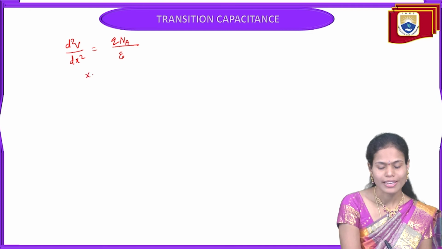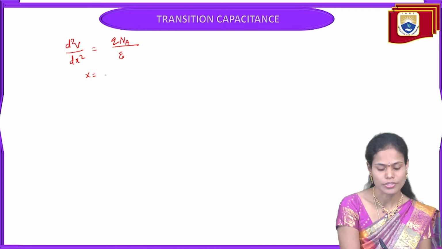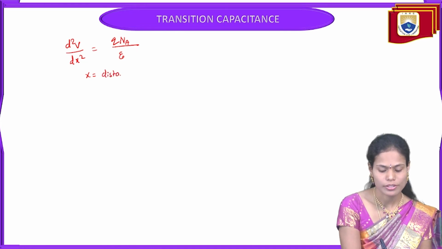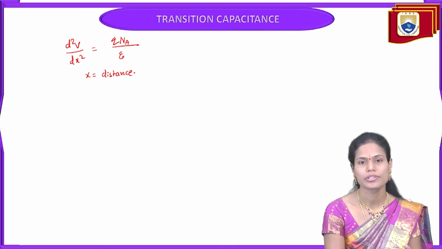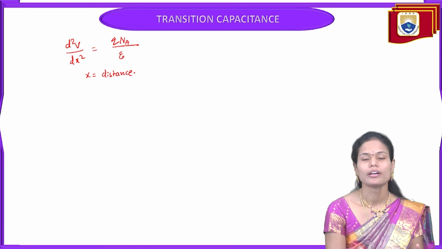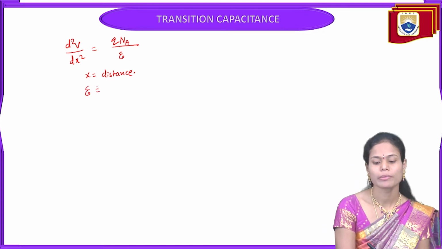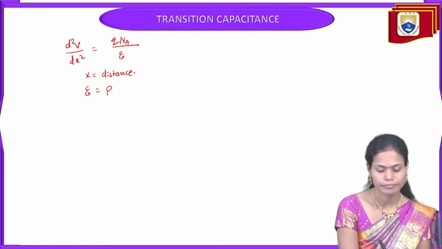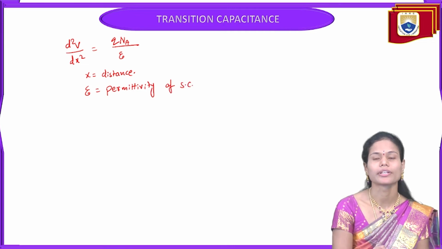Here X is the distance measured from the junction, that is, how far the depletion region extends because of the reverse voltage, and epsilon is the permittivity of the semiconductor material.